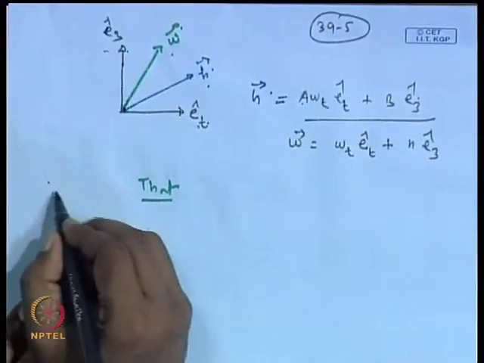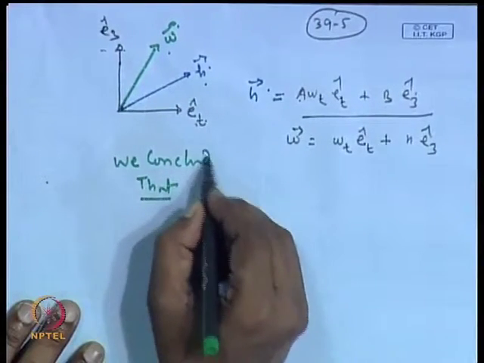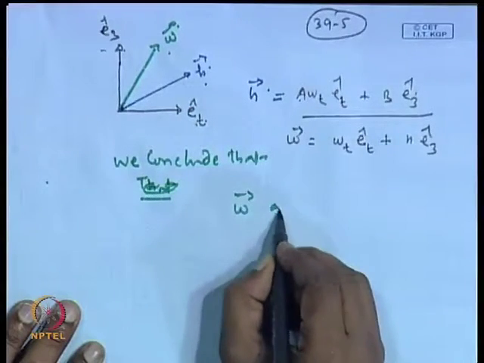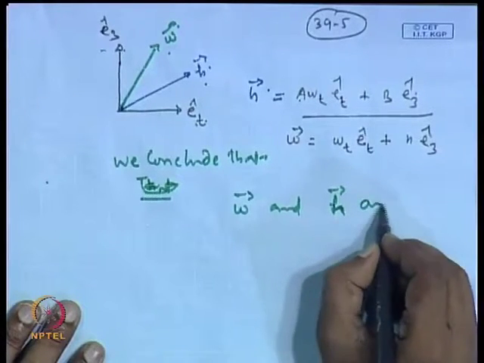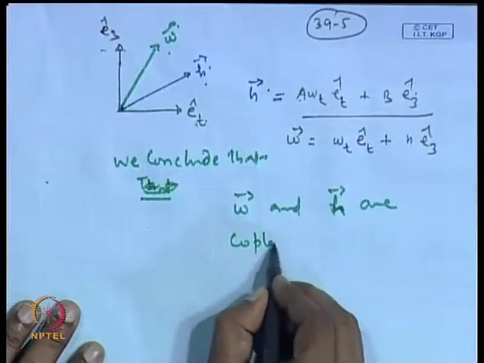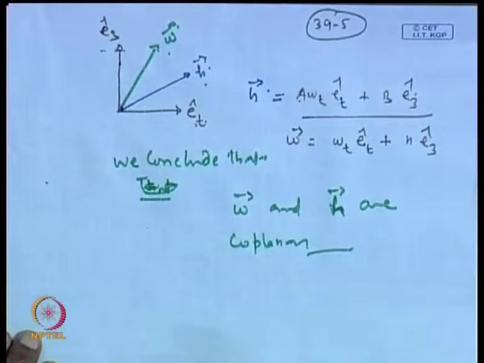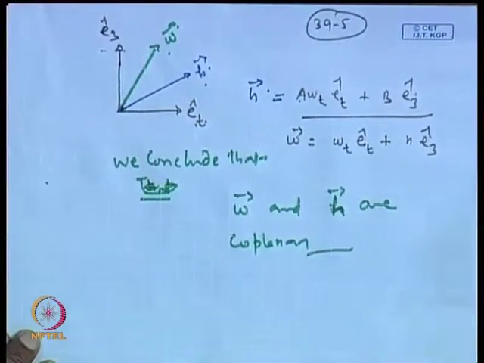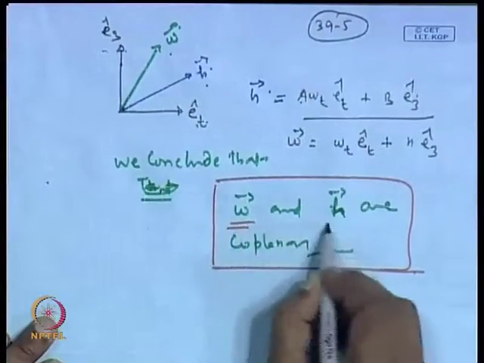The conclusion is, we conclude that omega and h are coplanar. This is an important conclusion which we are going to use later on. Omega and h, they are coplanar.